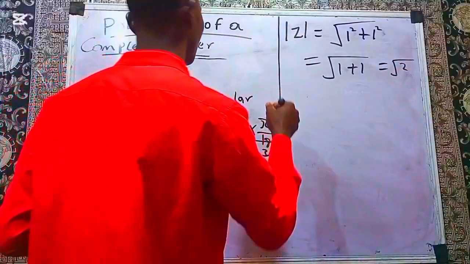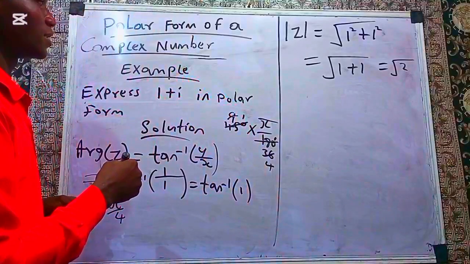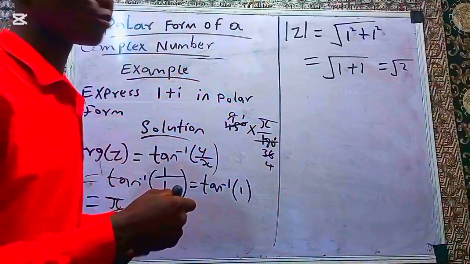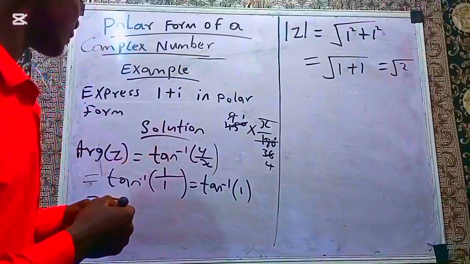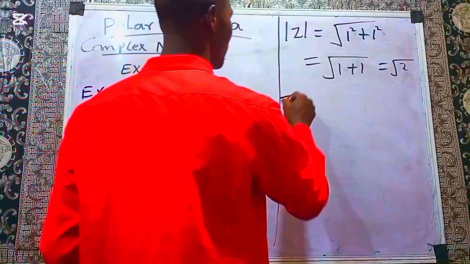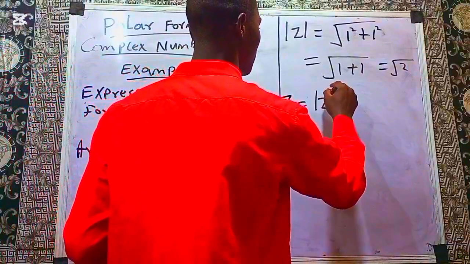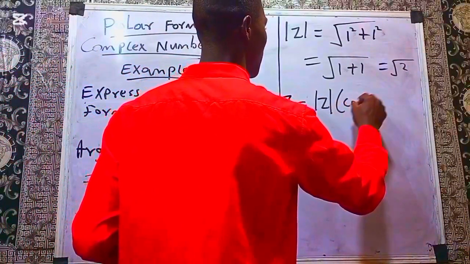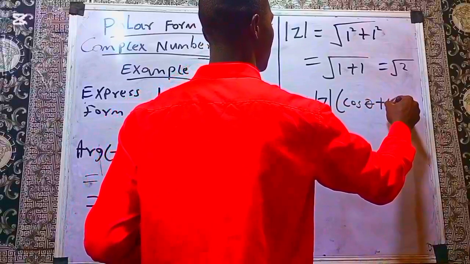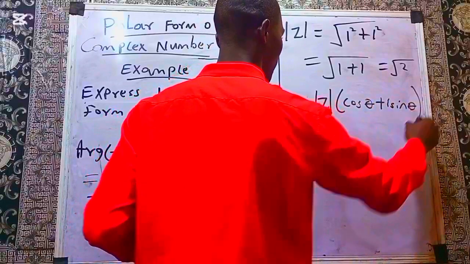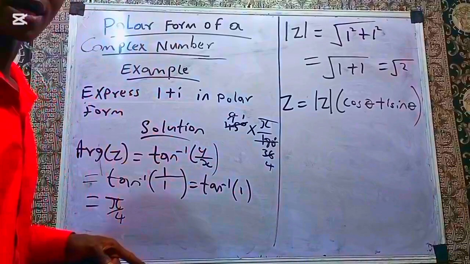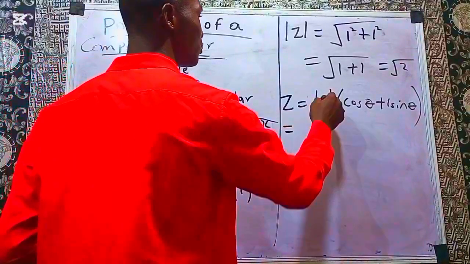So now your complex number z is ready to be expressed in polar form. The polar form of z is given by the modulus of z into cosine theta plus i sine theta, where theta is the principal argument. So what's the modulus of z?